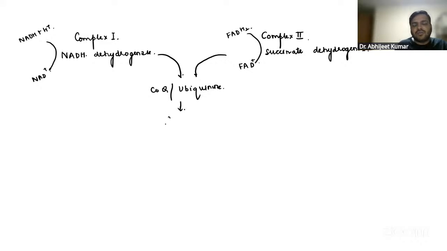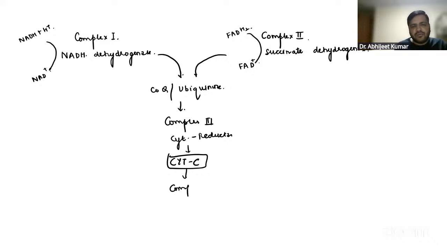They will now enter complex 3, that is cytochrome reductase, and then the cytochrome C. Now this will enter complex 4, that is cytochrome oxidase, where I told you the final acceptor is oxygen.